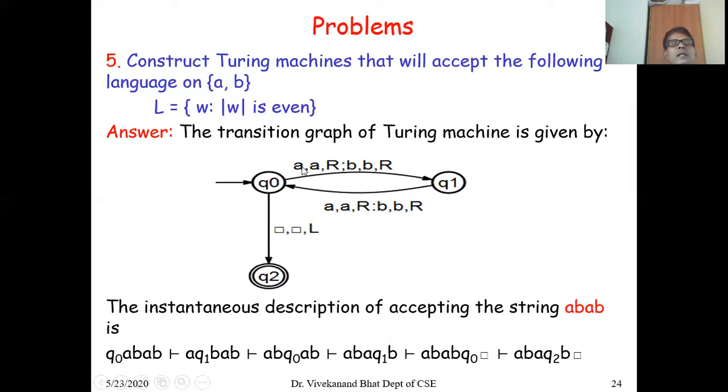So we have 2 transitions in Q0: read A, write A, move right, and read B, write B, move right, and go into state Q1. Similarly, in Q1, we have two transitions, A A R and B B R.